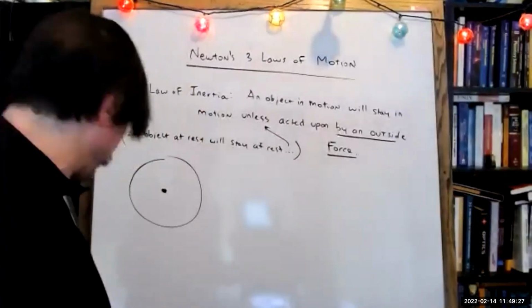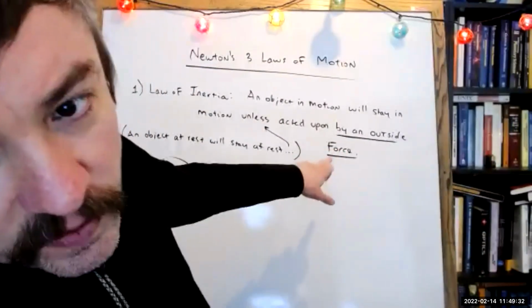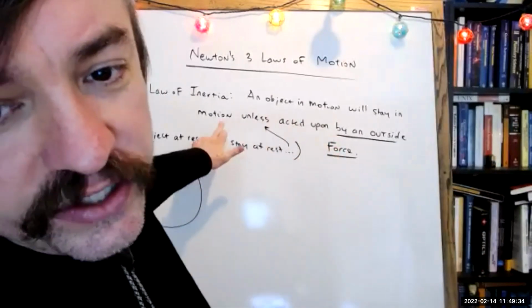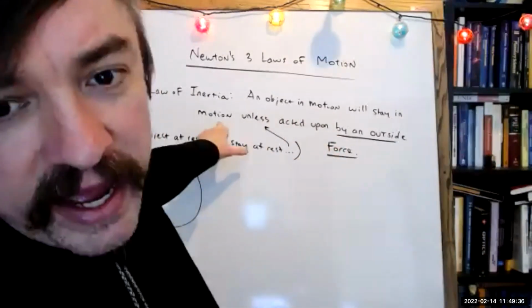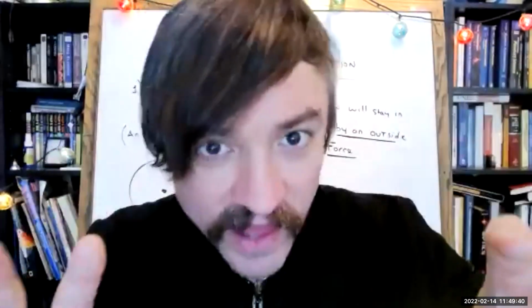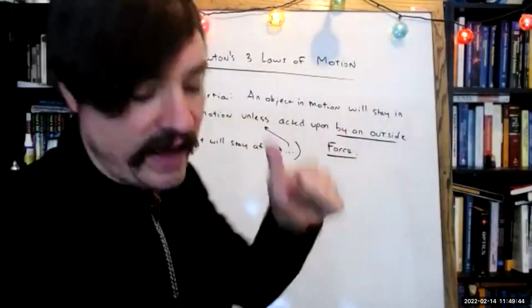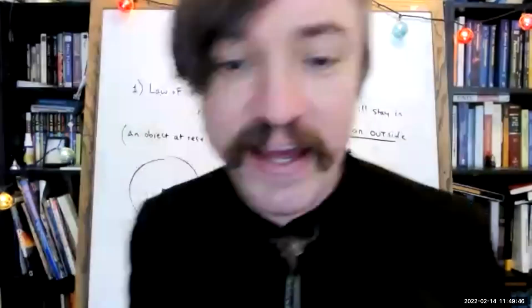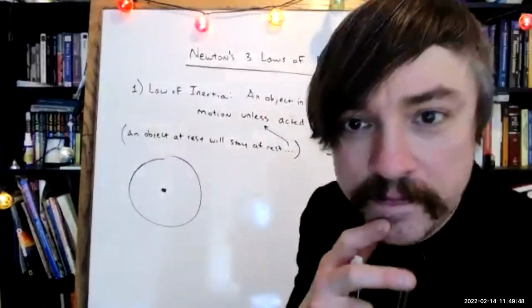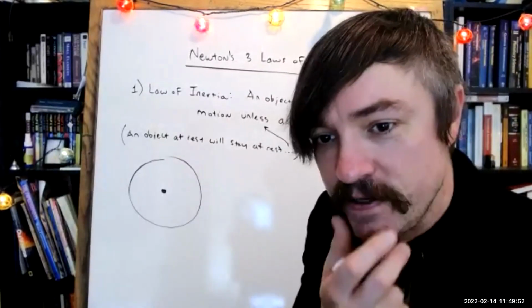Another thing that's cool about this is that Isaac Newton realizes that forces are things which change motion. And if you use motion as a secret code word for velocity, forces change velocities. And last time, what did we define a change in velocity as? How did we define a change in velocity?